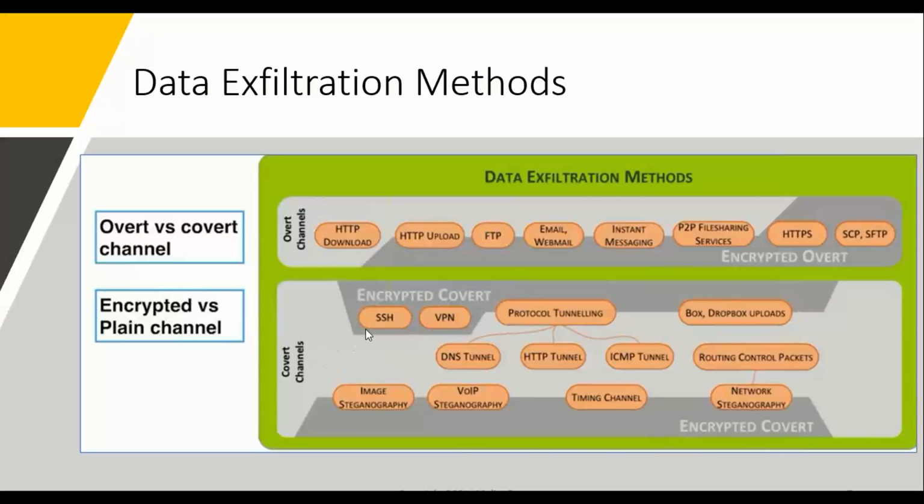On covert channels, it is an encrypted channel like SSH, VPN, protocol tunneling, Box, Dropbox uploads, image steganography, VoIP steganography, timing channel network. These are some of the examples of data exfiltration methods that can be used in both overt as well as covert channels.